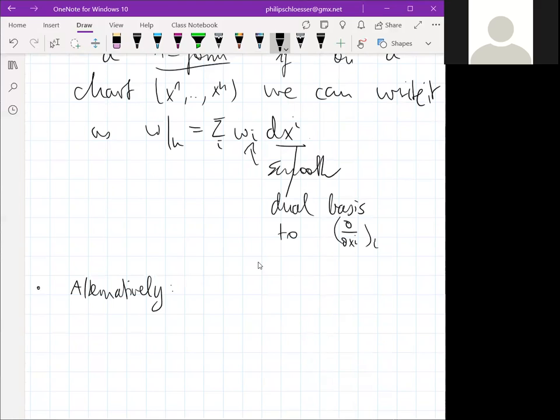We can view them as the dual space to the vector fields.